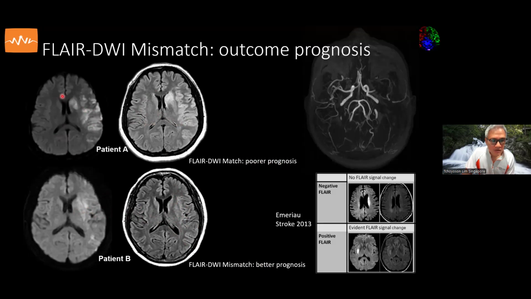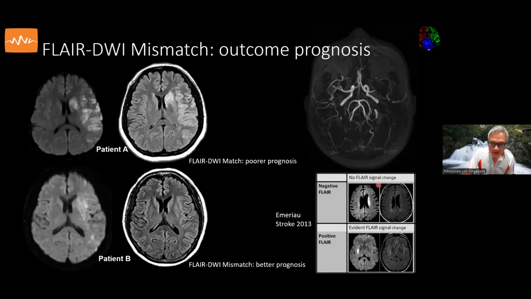Here, even though DW is high and abnormal in signal, in this patient, the flare image is already abnormal and high in signal, whereas this is not, signifying that probably this patient has a shorter duration of infarction and a later onset compared to this patient who probably had his infarction much longer and therefore has poorer prognosis.